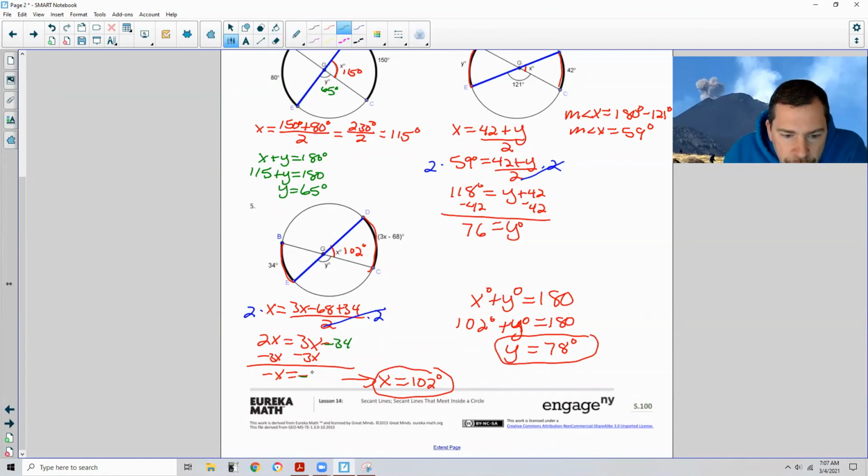3x minus 34 equals negative 34. So x equals negative 34 degrees. Okay, so then when I come over here, my 102 is now going to be 34. Negative 34.